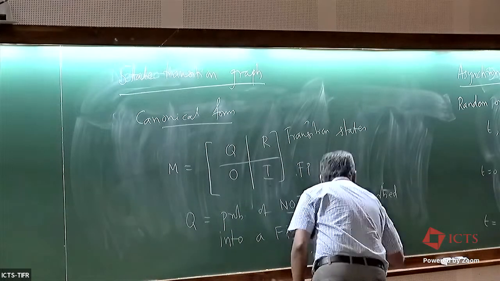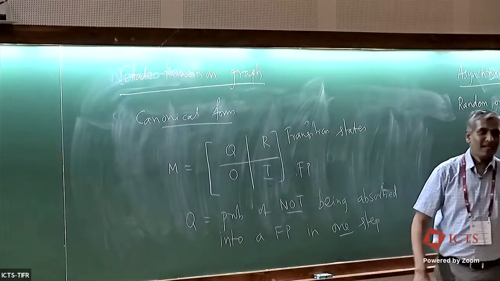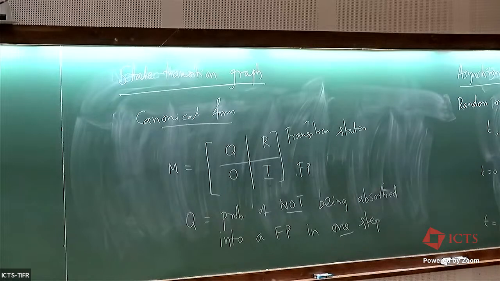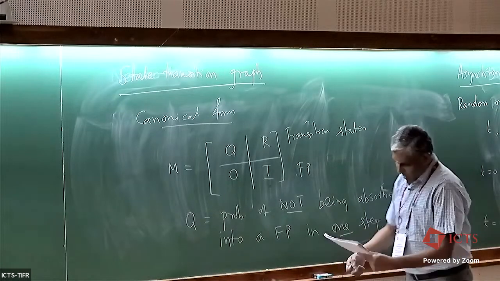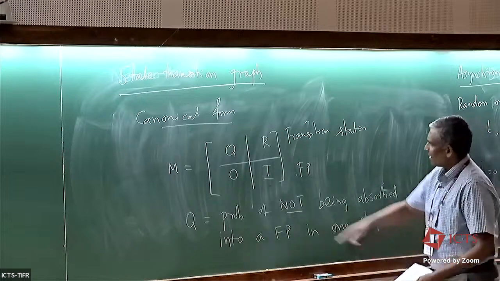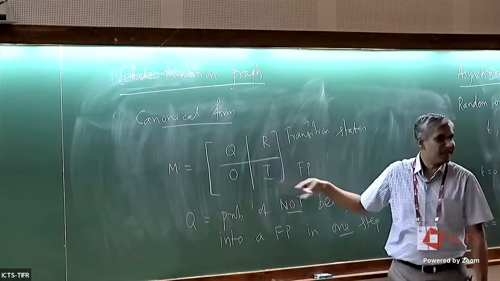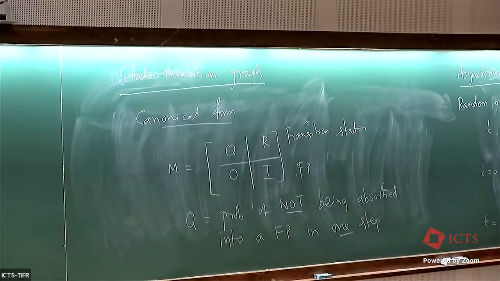This is the meaning of the probabilities present in this block Q. And you will see that R is essentially the probabilities connecting these states to the fixed point. Okay. So now, after this it is just algebra.